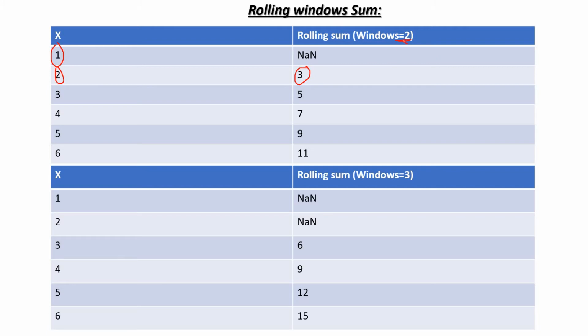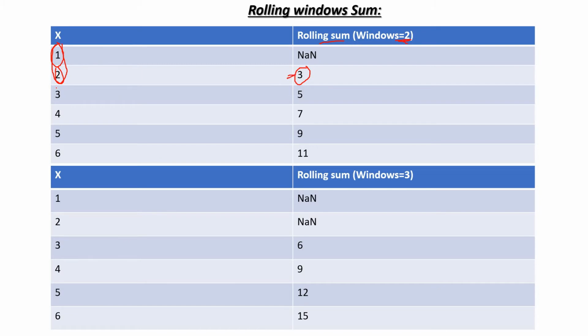When you put windows equal to 2 and want to do the rolling sum, you can add only these 2 elements and you will get the sum over here.